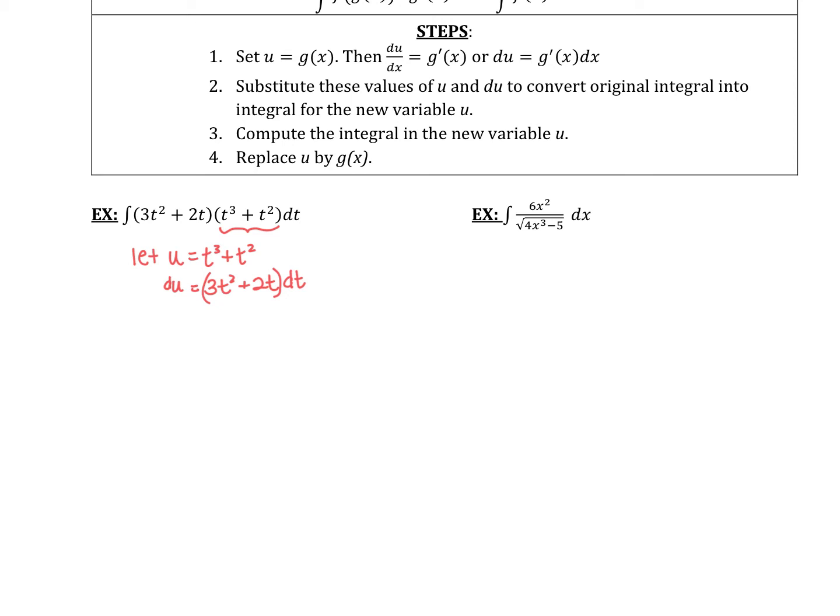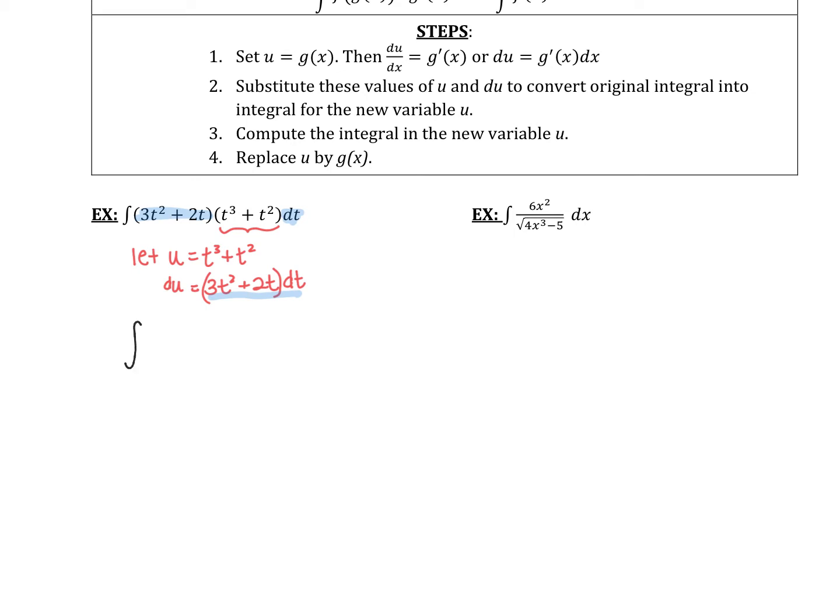Now, what I hope you notice is that this expression right here, this 3t squared plus 2t dt, is actually already in this problem. Now, it's not written exactly in that order, but that's okay because multiplication's commutative. So I could rearrange this just a little bit. Now watch what's going to happen. I'm going to rewrite my integral.